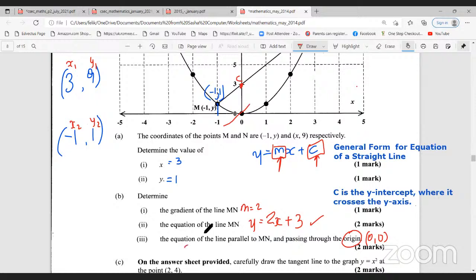Let's write the equation now. It's going to be y equals what? What do we know about parallel lines? They have the same what? Parallel lines have the same something.